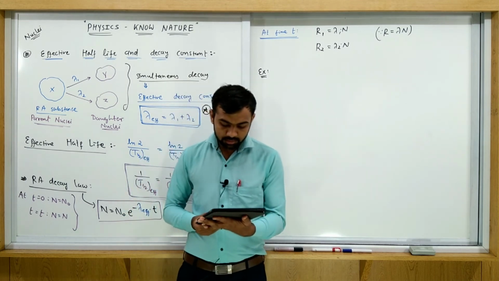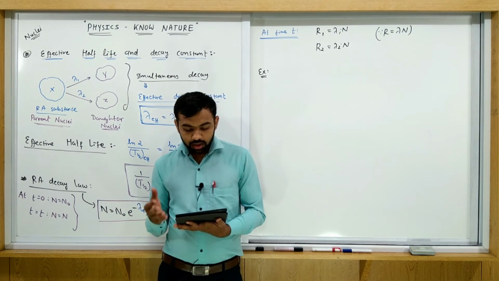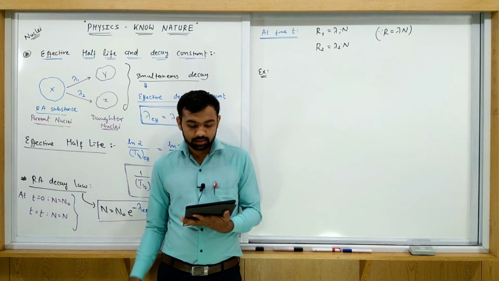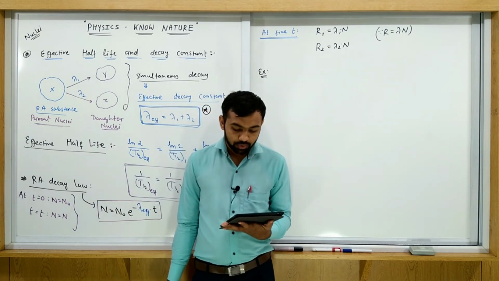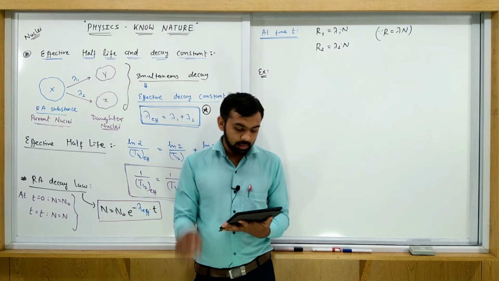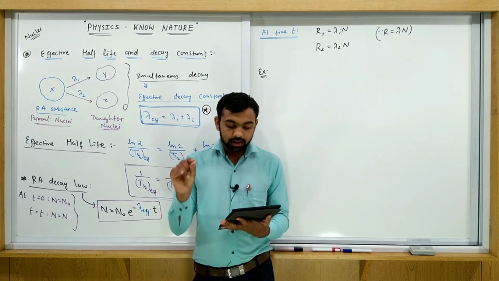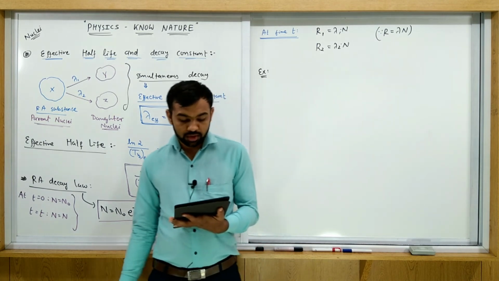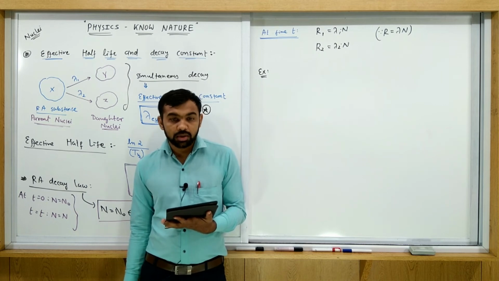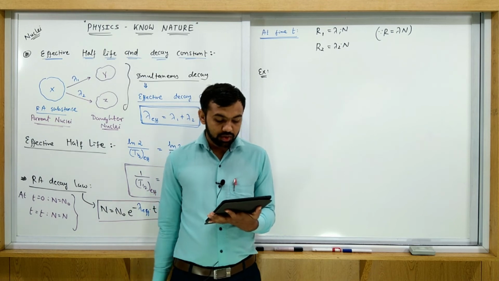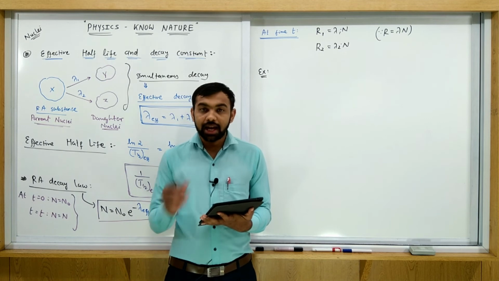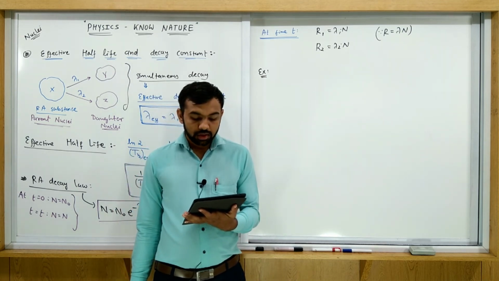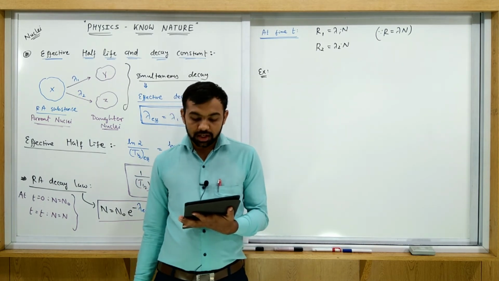A radioactive substance X decayed in two ways simultaneously, for alpha emission and beta emission, with mean lives 3 days and 4 days respectively.